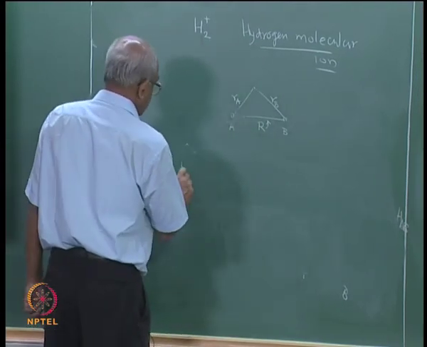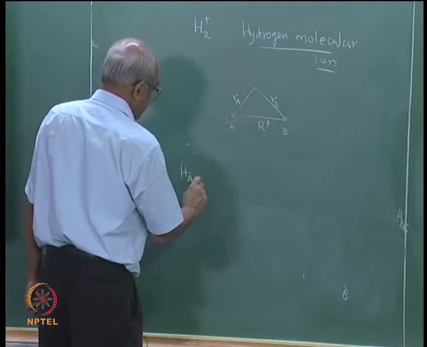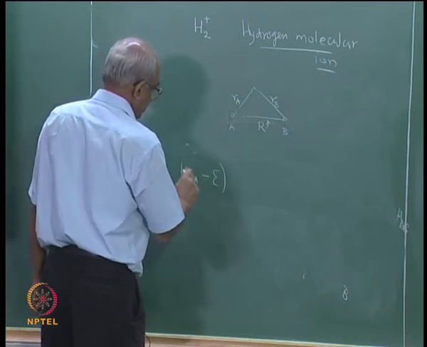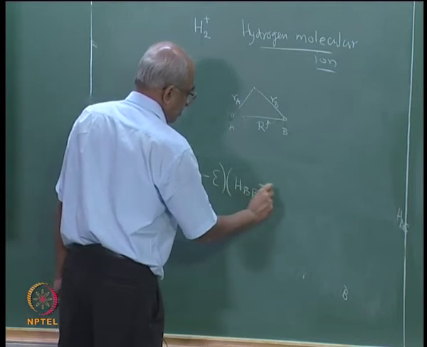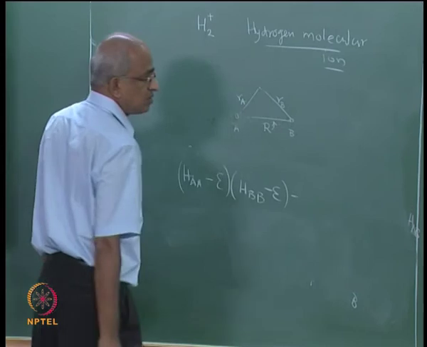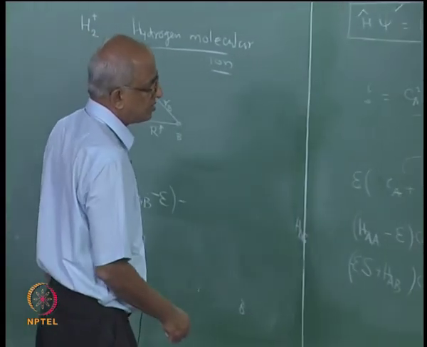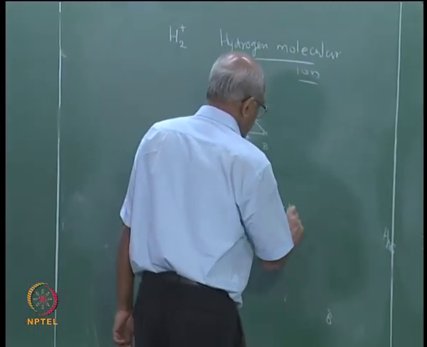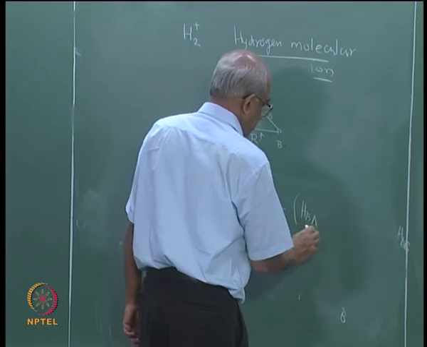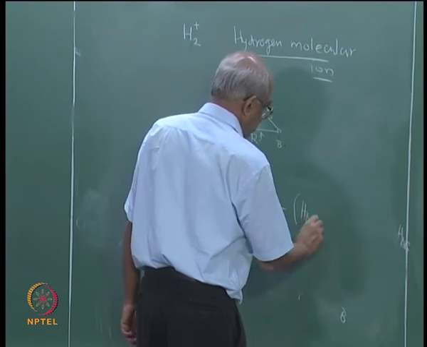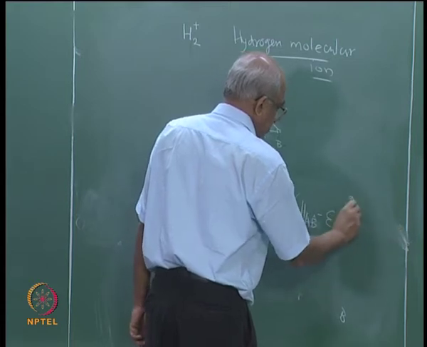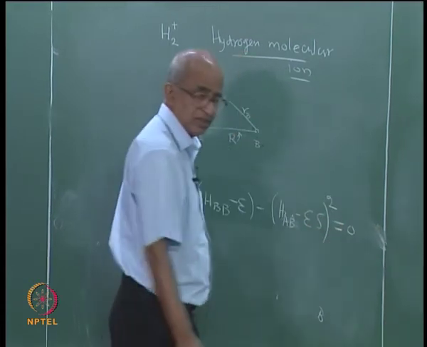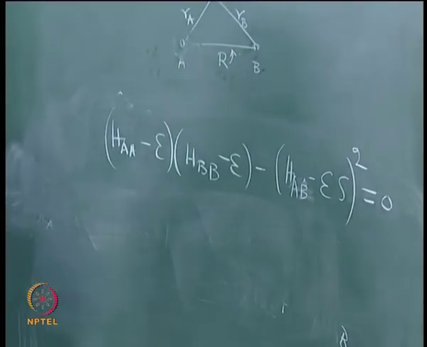What you will find is that HAA minus script E into HBB minus script E, minus, you expand the determinant, a fairly simple thing to do, HAB minus script E into S, the whole square, must be equal to 0. That is what happens if you expand the determinant.